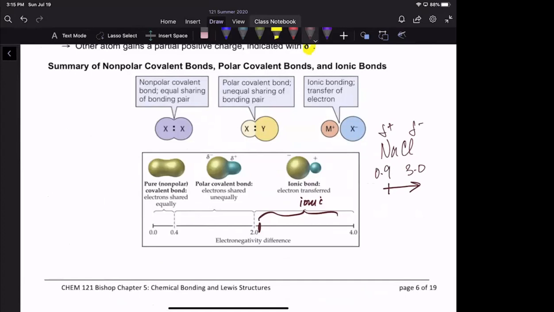We're also going to identify the other extreme down on this end. We're going to say that anything with a difference less than 0.4 is nonpolar or pure covalent. That includes the carbon-hydrogen bond.